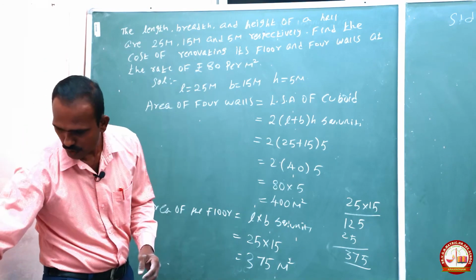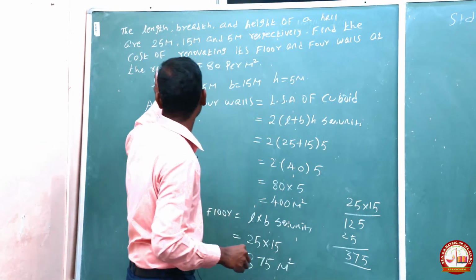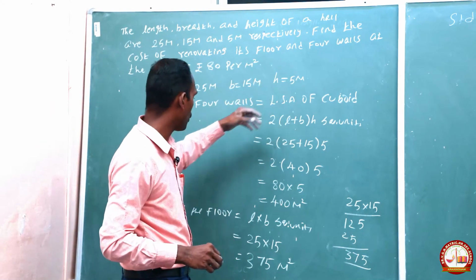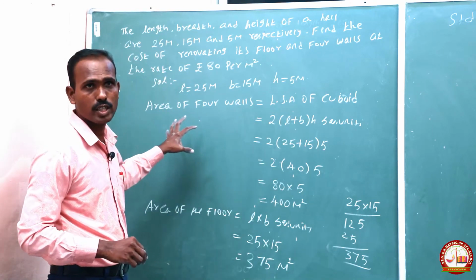Next, what is asking here? The cost of renovating its floor and 4 walls. So we find the total renovating area.